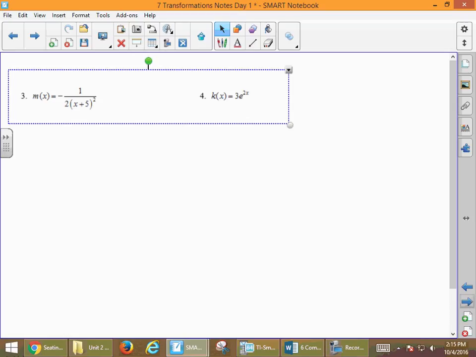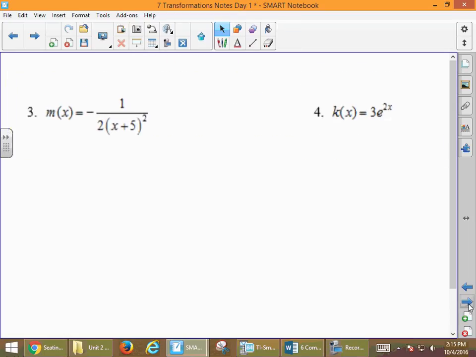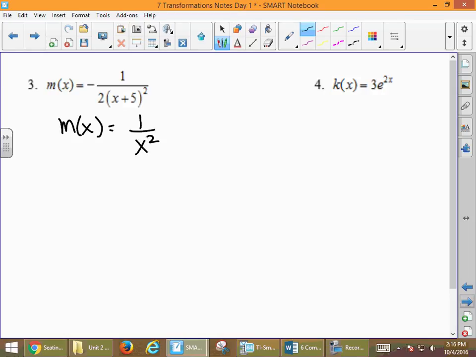So when we look at the next two, some functions that we haven't had as much experience with, we do want to identify our parent functions. And our parent function on number 3 is 1 over x squared.